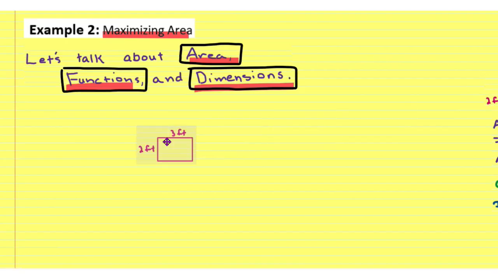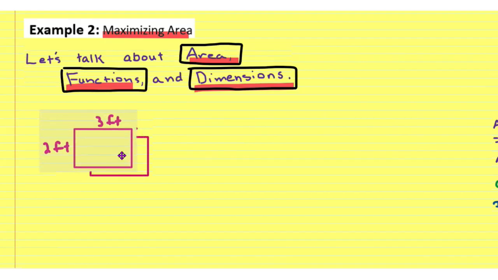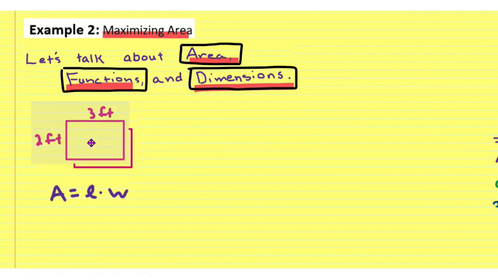When you're in elementary school, late elementary, you probably learned about drawing rectangles, and they would have a length and a width, and you would find the area, right? You learned that the area was equal to the length times the width.